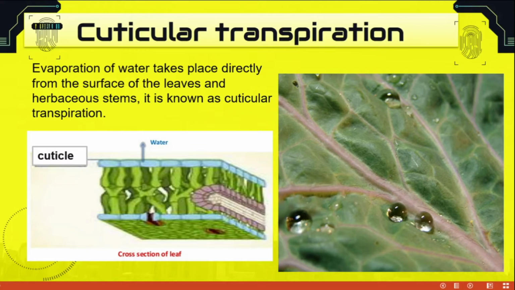It does not allow any foreign water molecules to enter into the leaves, and also does not allow any bacteria or virus, and it helps to prevent excess water loss. Even some small amount of transpiration takes place through the cuticle. The cuticle is the top layer of the leaves, a waxy layer.